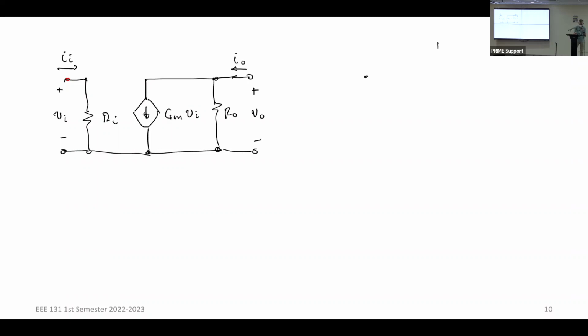Okay, if you recall yung BJT small signal model, anong tawag sa resistor na to? R's of, ano yung subscript? Pi. R's of pi. Okay.